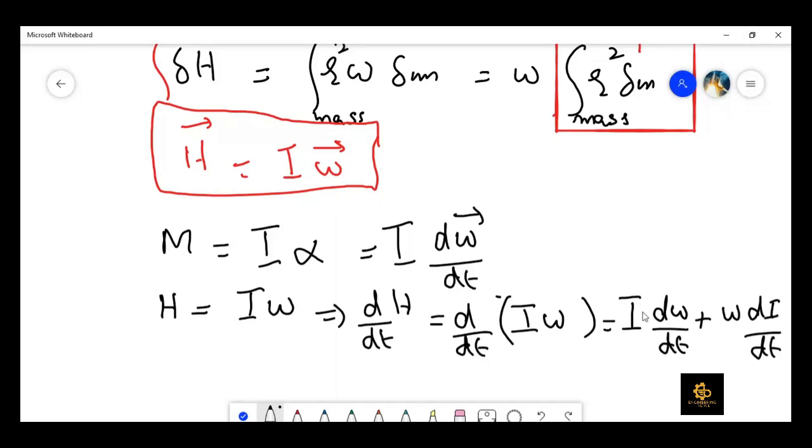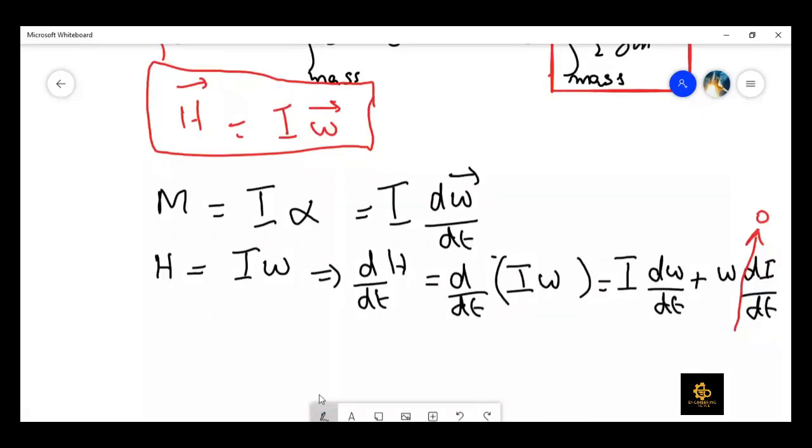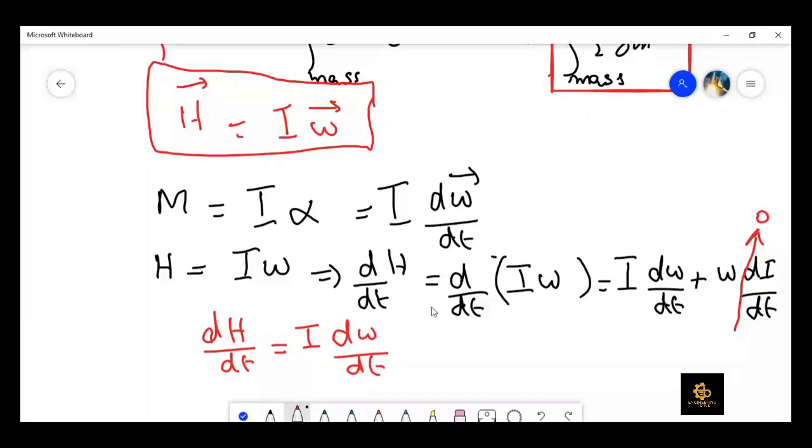Because we are talking about a rigid body whose mass is not changing in time, this second term would be equal to zero, because dI by dt would be equal to zero in that case. Then we can write dh by dt is equal to I into d omega by dt. So if we put this here, we can say that these two things are equal on the right hand side, so the left hand side would be equal. So M would be equal to dh by dt.